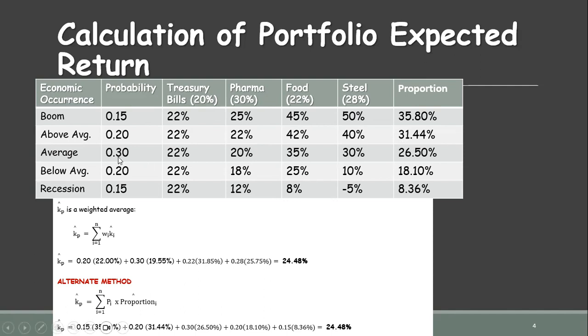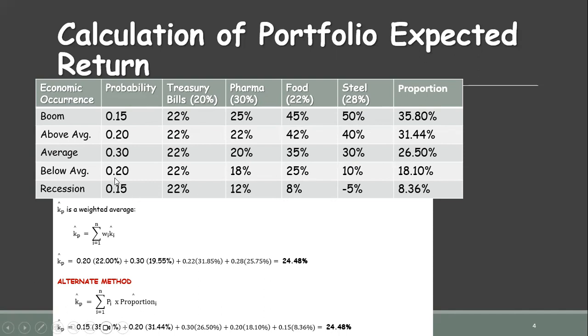In case of average, the probability is 30% and the first return 22% will multiply by 20%, 20% will multiply by 30%, 35% will multiply by 22%, and thereafter 30% will multiply by 28%. The sum of all these calculations comes to 26.50%.